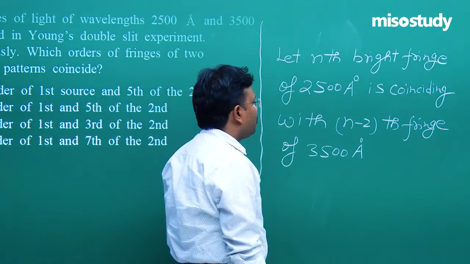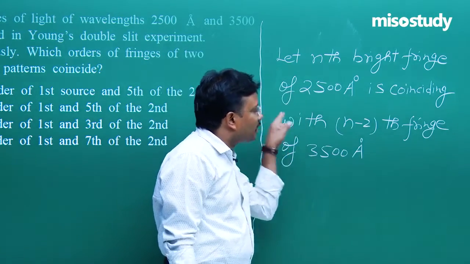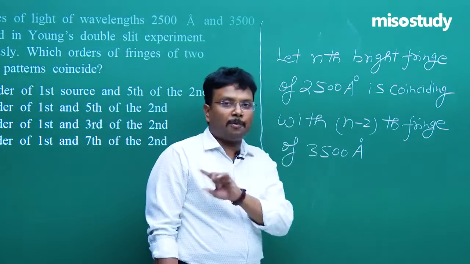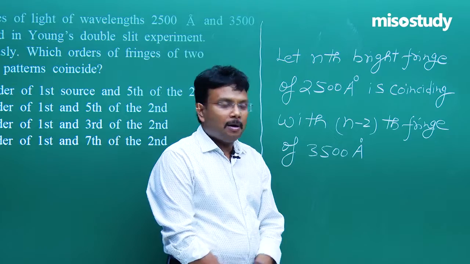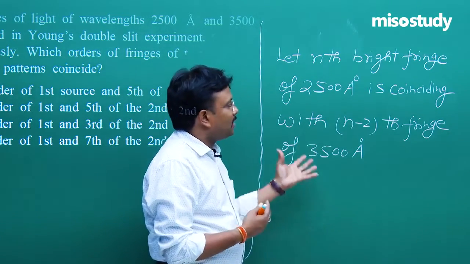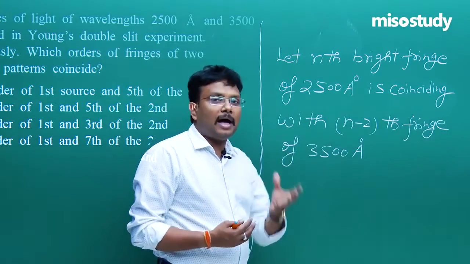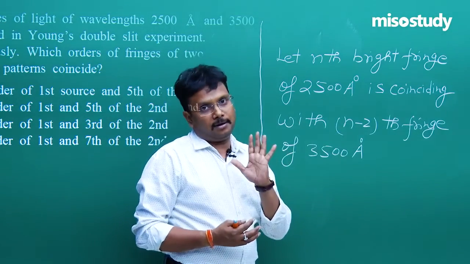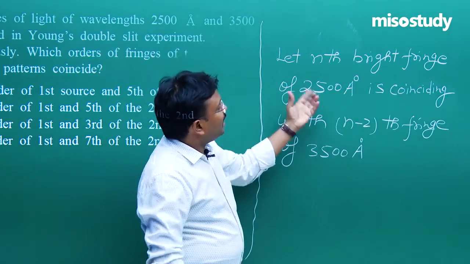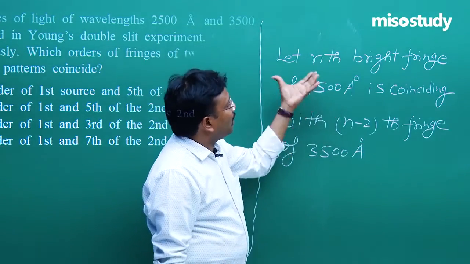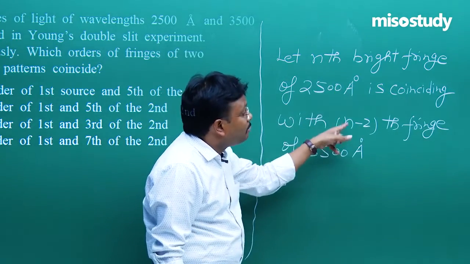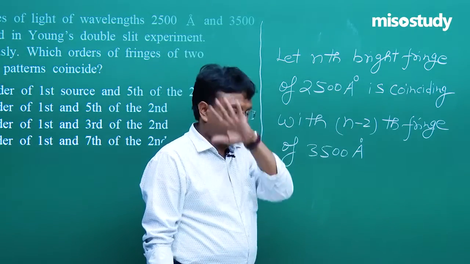Now, few of you may think why the teacher is writing this line. Point is simple. I may solve this problem in just 2 steps, but here I am not learning the problem. Here my point is to explain you the approach how you can learn. That's why I am doing this much. Fine. So let's assume that for lambda 1 nth bright fringe coincides with n minus 2th bright fringe.